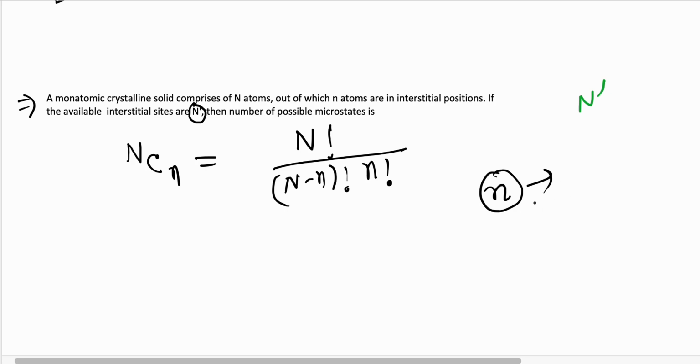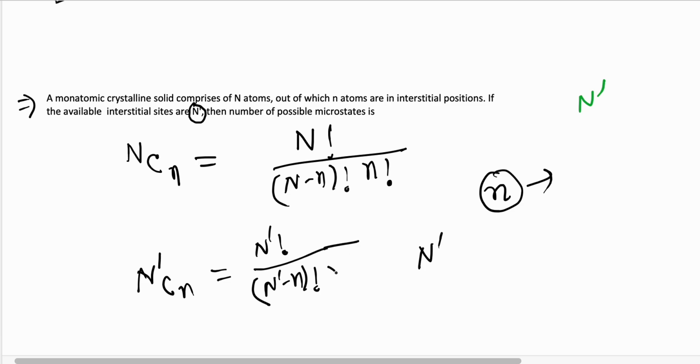We have to put these n atoms in the n prime places. How many ways can we do that? Again, we can do that in n prime Cn ways. So this becomes n prime factorial by (n prime minus n) factorial into n factorial.